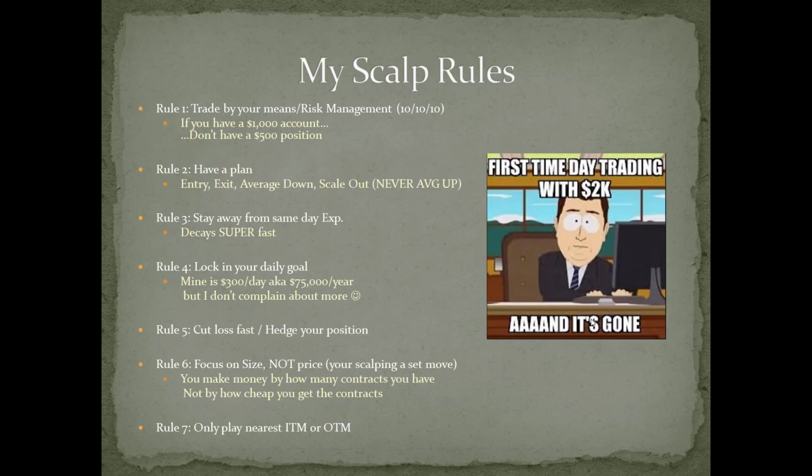All right, so scalp rules. Rule number one is trade by your means. Use proper risk management. A rule that I've made up and tell people is the triple 10 rule. That's using a maximum of 10% of your portfolio per position. So if you've got a $1,000 account, you're only taking a $100 position.